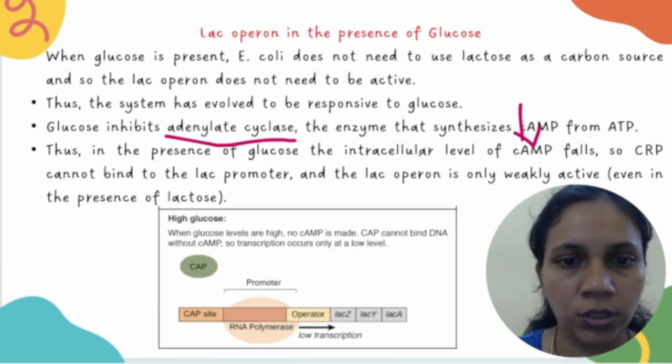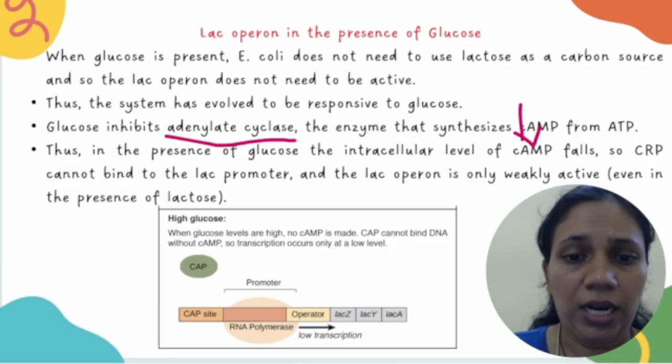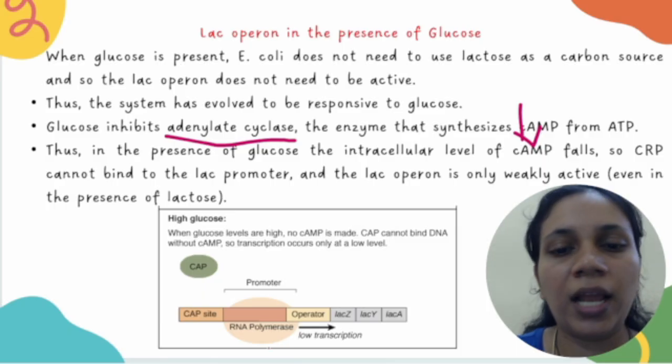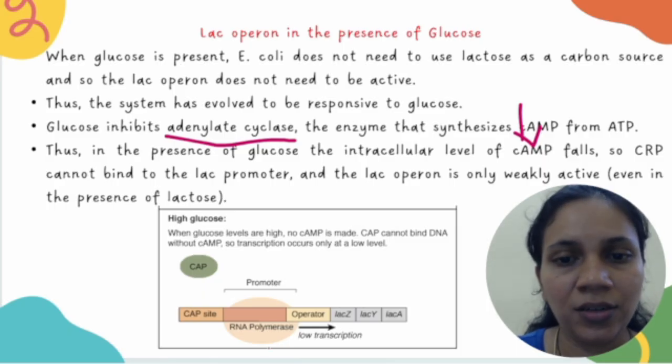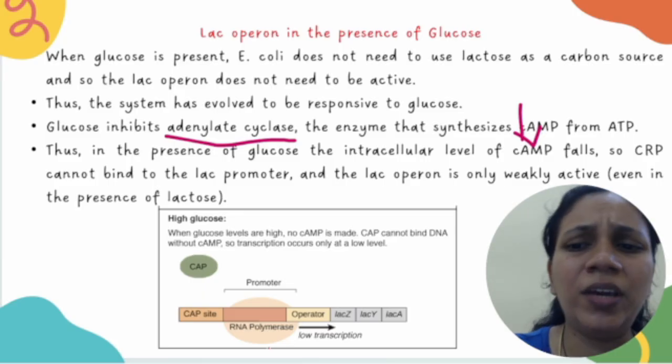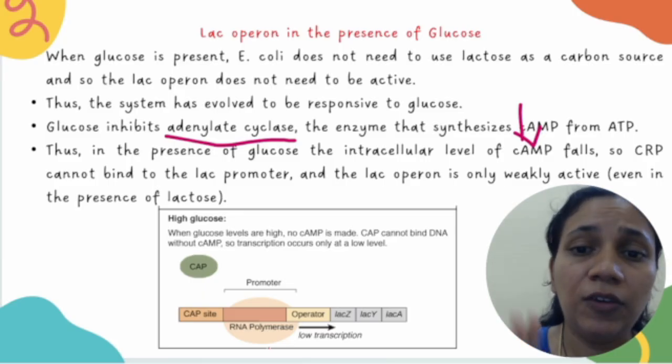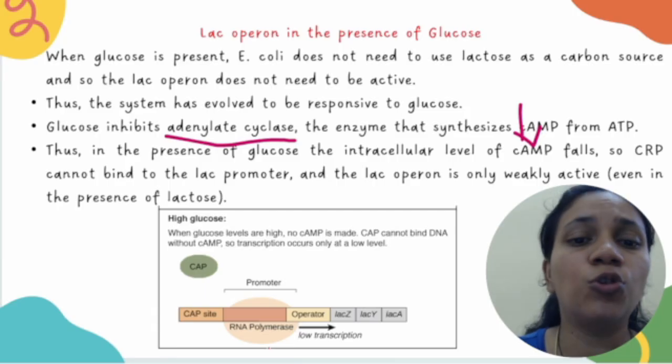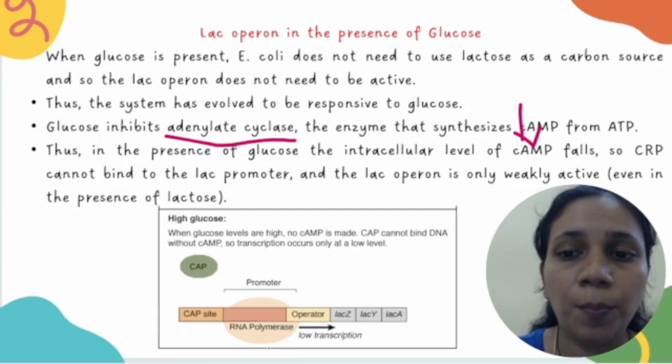Now, this catabolite activator protein, the CAP, cannot bind to the lac promoter, and as a result, the Lac Operon is very weakly active. So even if lactose is present, it is not going to bind.